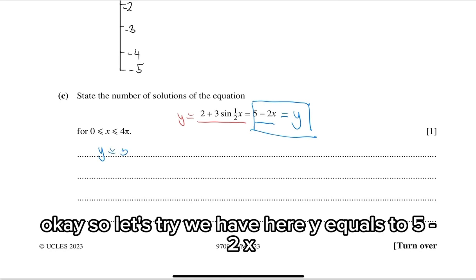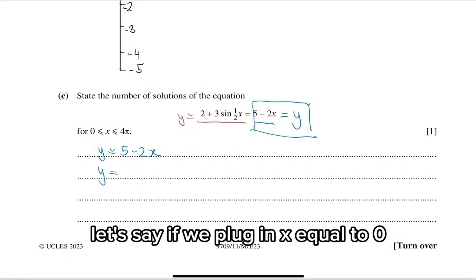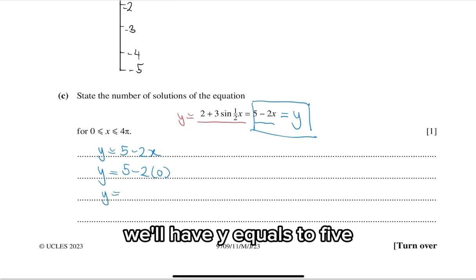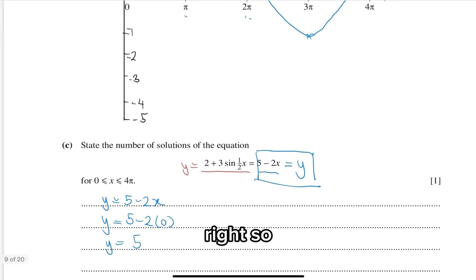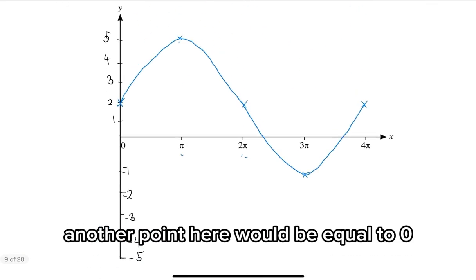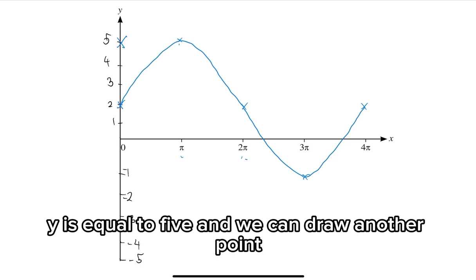We have here y equals 5 minus 2x. Let's say if we plug in x equal to 0, we'll have y equals 5. So another point here would be when x is 0, y is equal to 5.